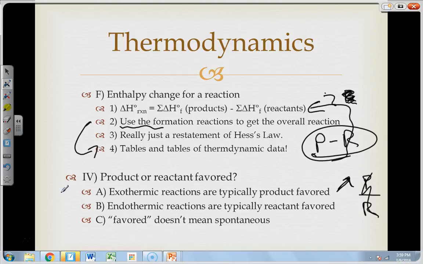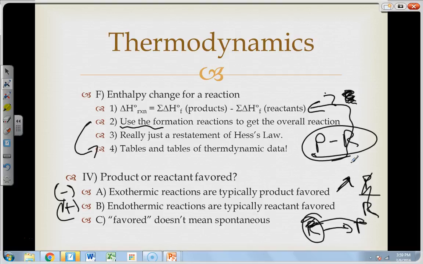Keep in mind that exothermic is a negative delta H, and endothermic is positive. Typically those reactions are reactant-favored, which means they don't typically go towards the products. You'll get only a little product or not much at all, and they'll pretty much stay as reactants, typically.